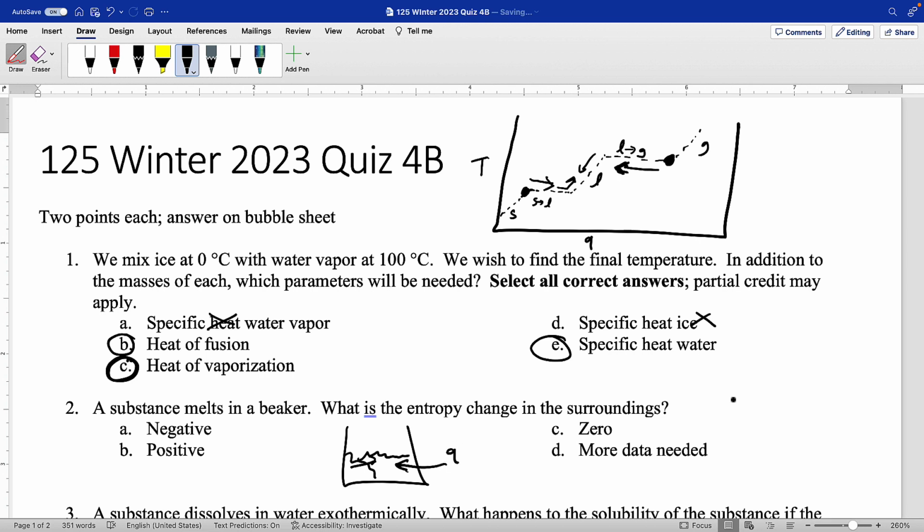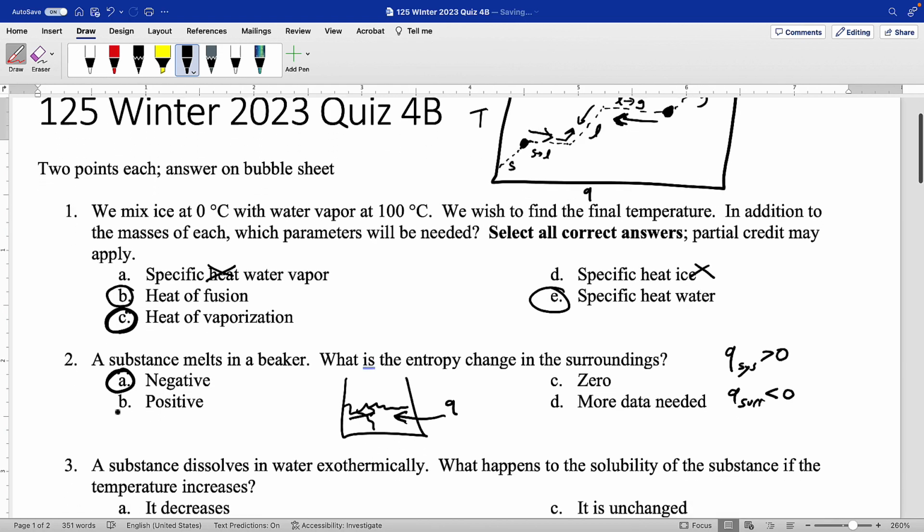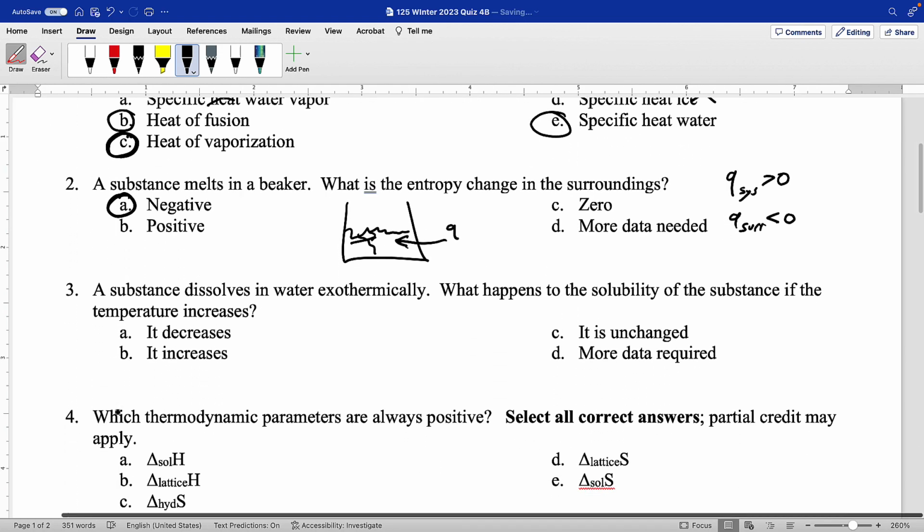So what we can say is that Q system is greater than 0, Q surroundings is less than 0. If we take heat out of the surroundings, we're going to have to decrease its entropy. So the entropy of the thing we're melting goes up, but the entropy of the surroundings goes down.